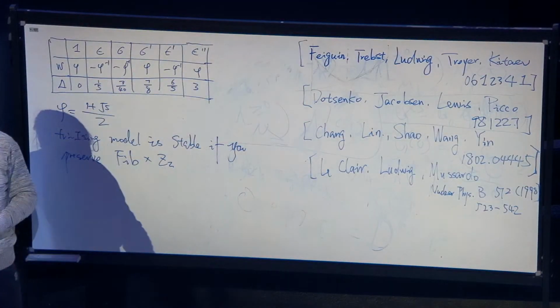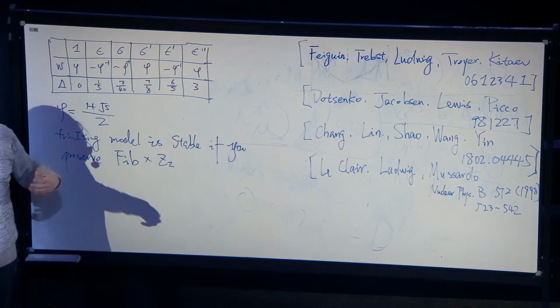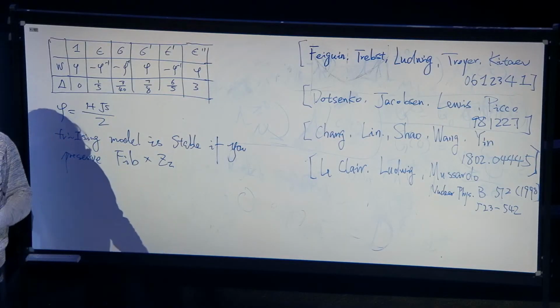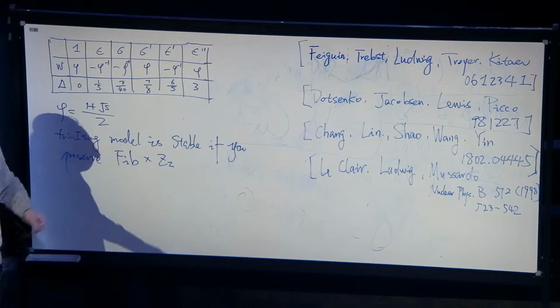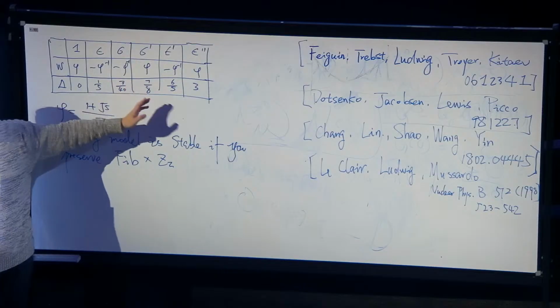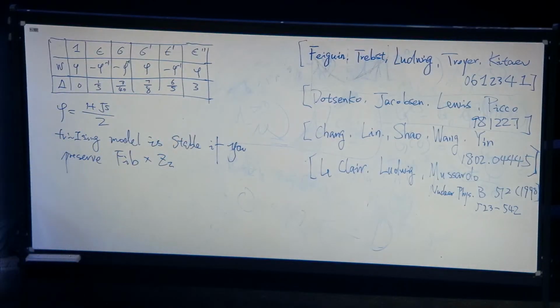So if you write a lattice system preserving Fibonacci symmetry, it's like you are deforming tri-critical Ising model by either of these two operators. But if you, in addition, preserve the Z2 symmetry, this guy is disallowed. So there's no relevant operator allowed in the tri-critical Ising model, so that's why it's stable.